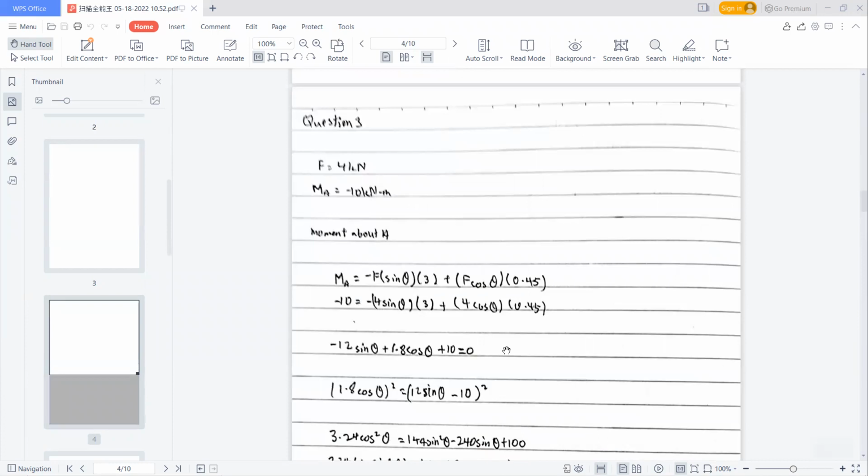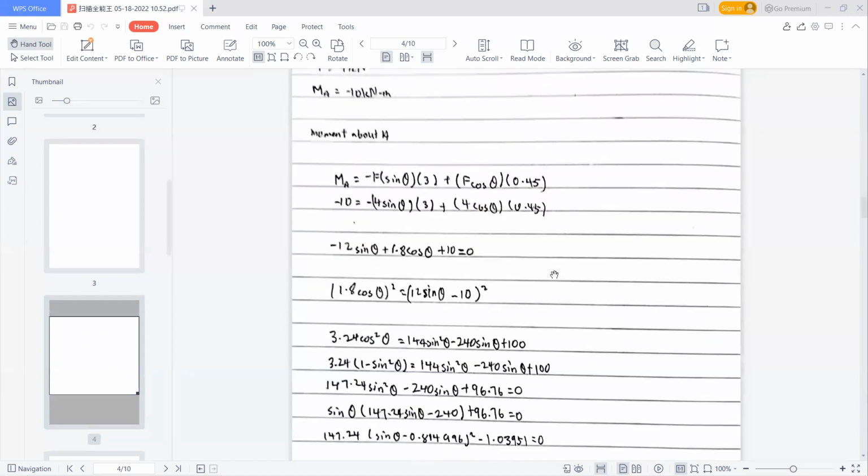So for question 3, we know that the value given from the question is a force of 4 kilonewton and the moment at A is negative 10 kilonewton meter. So how do we find the moment about A?